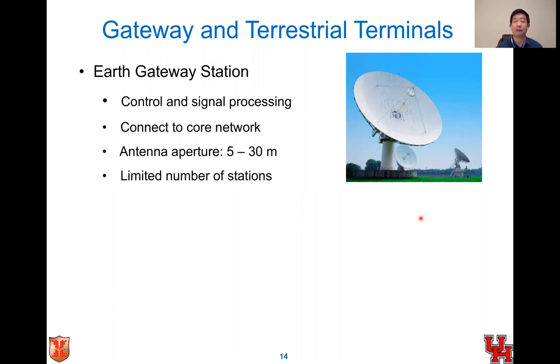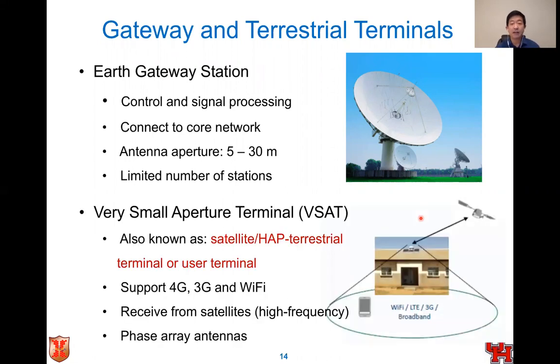Yeah, it's just an open microwave. Very, very powerful. On the other hand, there are very small aperture terminals. For example, a small satellite is connected to it, and then they can connect everywhere.